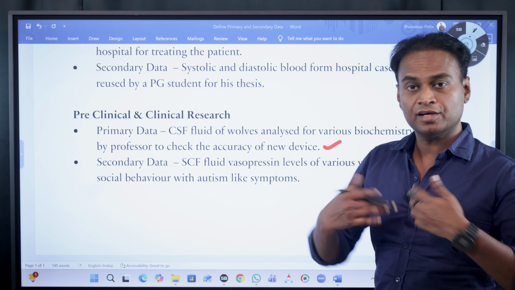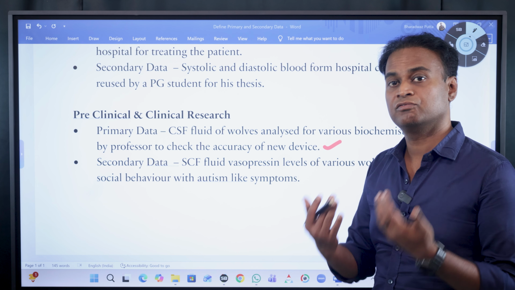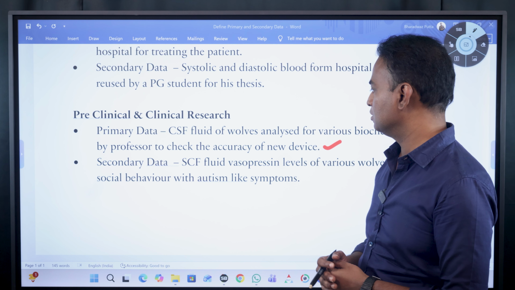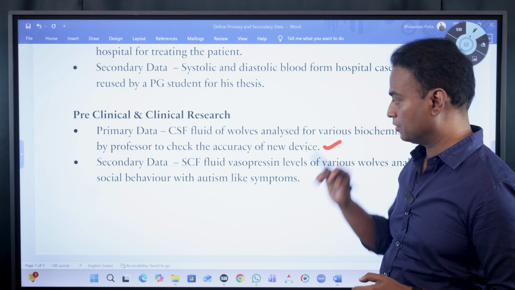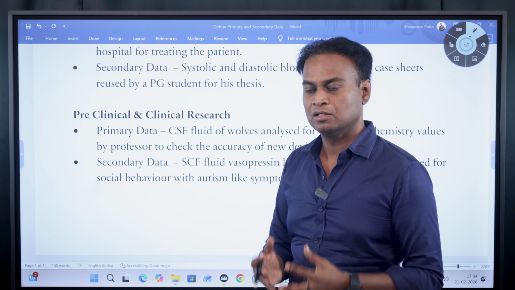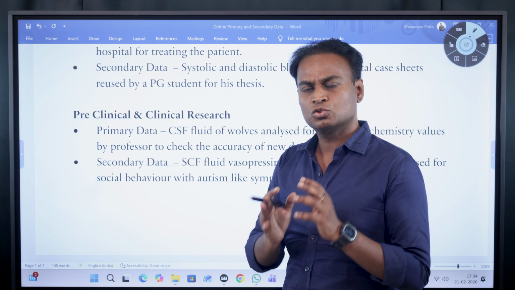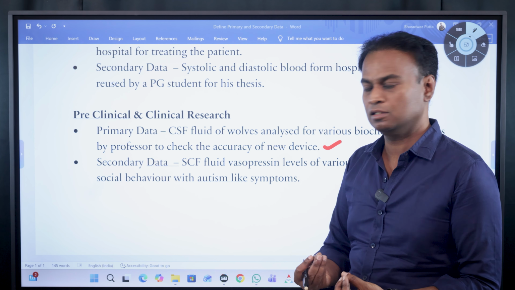And secondary data, how is it used? The same CSF values already collected by this researcher are used by another researcher. He was trying to do a trial on autism, especially on social behavior. He is testing how socially interactive and how emotional the wolves are.